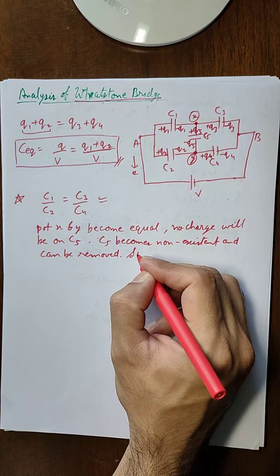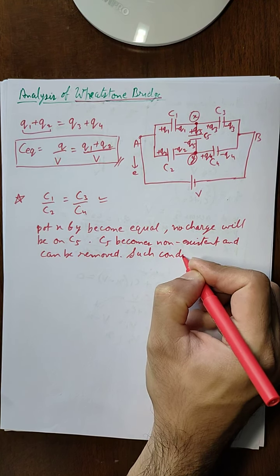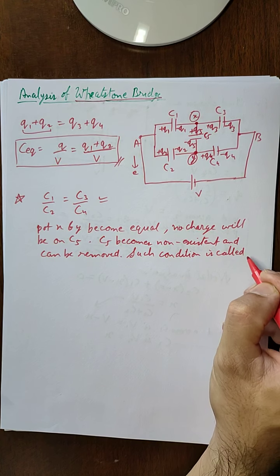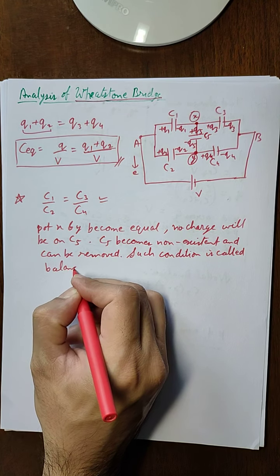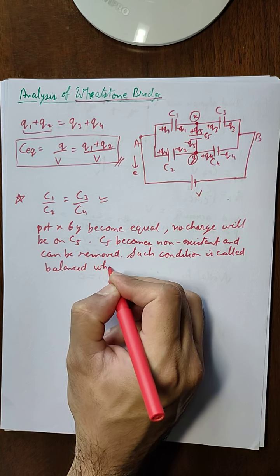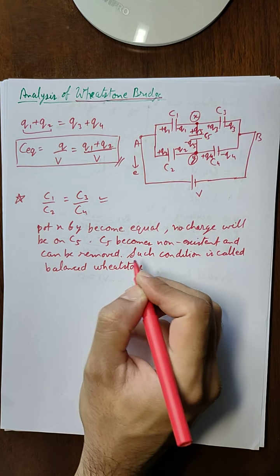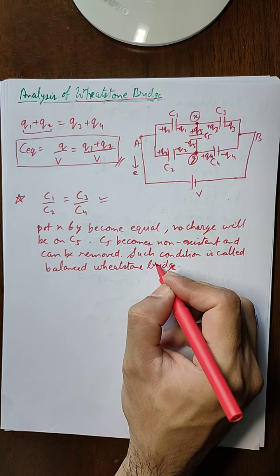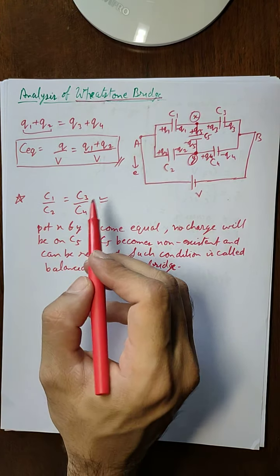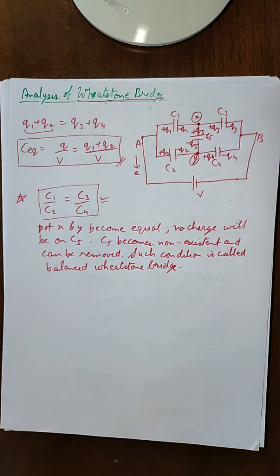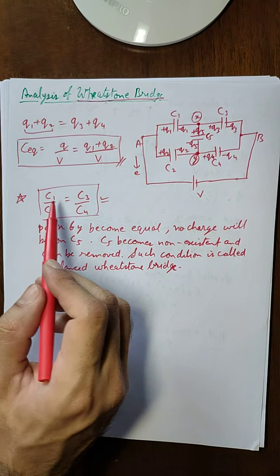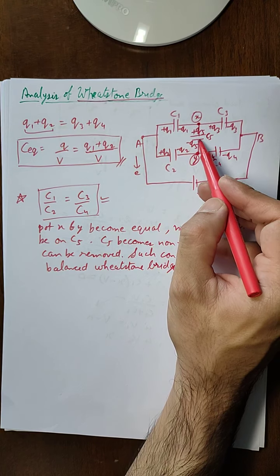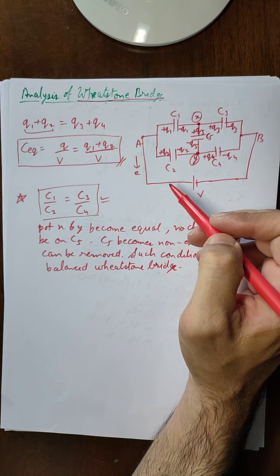Now such a condition is called a balanced Wheatstone bridge. So always remember that if a Wheatstone bridge is given, this special condition can occur and you should find out whether this ratio is there. If the ratio of C1 and C2 and C3 and C4 are equal, then in that case there will be no charge deposited on C5 and we can remove C5 from the circuit.